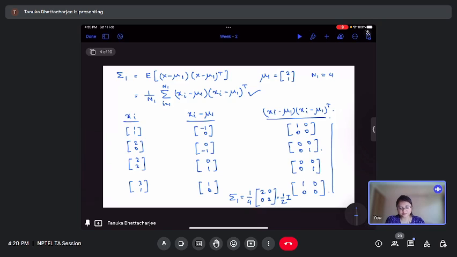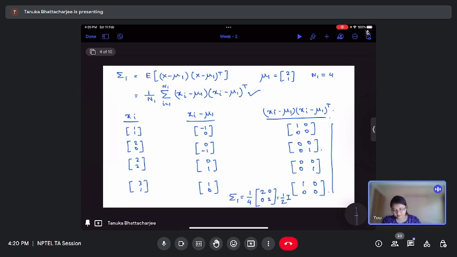This way you can compute the covariance matrix for the second class as well. Only a small change in the formula will happen. This will be 1 by n2, summed from i equals 1 to n2, (xi minus mu 2) into (xi minus mu 2) transpose. You take each sample from the other class, subtract the mean of that class from the sample, and compute this. You take the sum, divide by the number of elements.